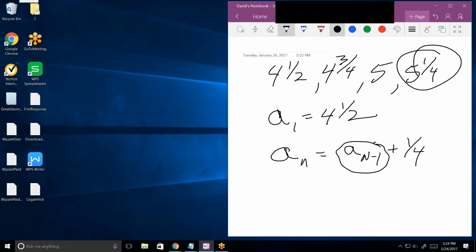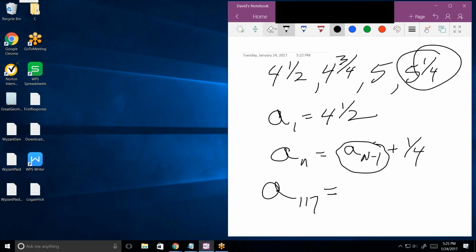Now notice that wouldn't help if I said, what is a sub 117? The recursive formula doesn't help much, because I don't know what a sub 116 is. That's why the explicit formulas are a little more valuable, because you can figure out any term in the sequence without knowing anything but the starting term and the common difference.